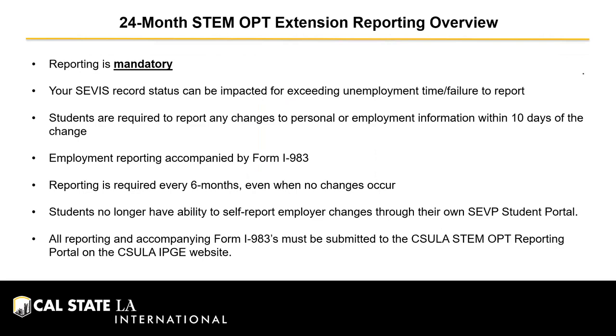So for this point, we actually want to share with you that SEVP has turned on an automatic function that auto terminates your CVIS record for failure to report or actually even to exceed unemployment time. So just keep that in mind. You don't want to exceed your unemployment time of 90 days.